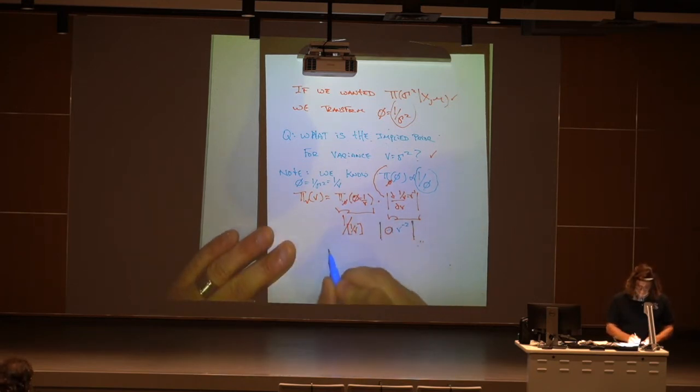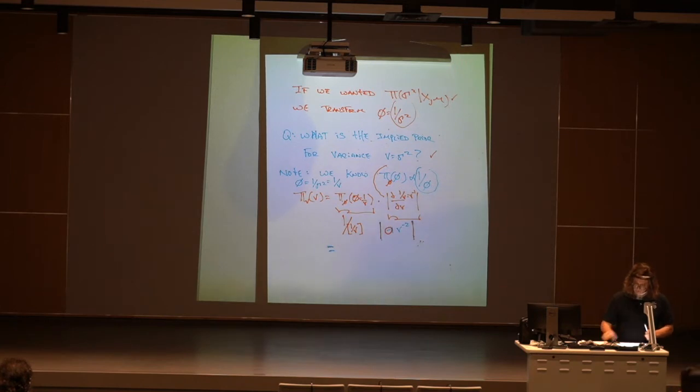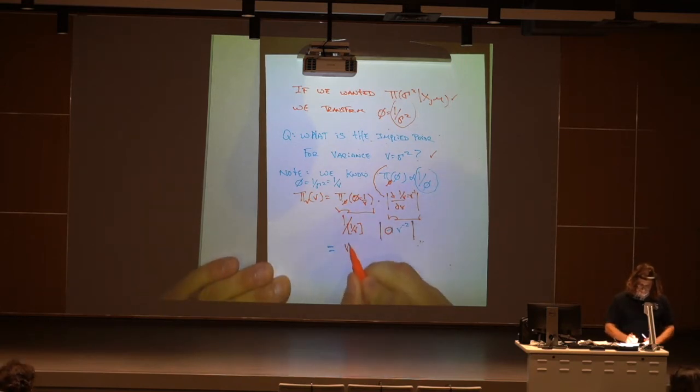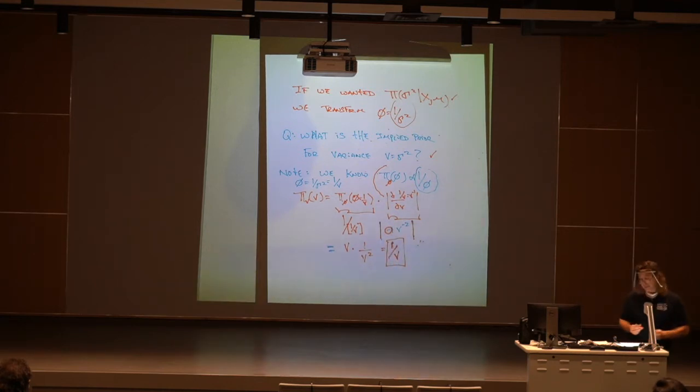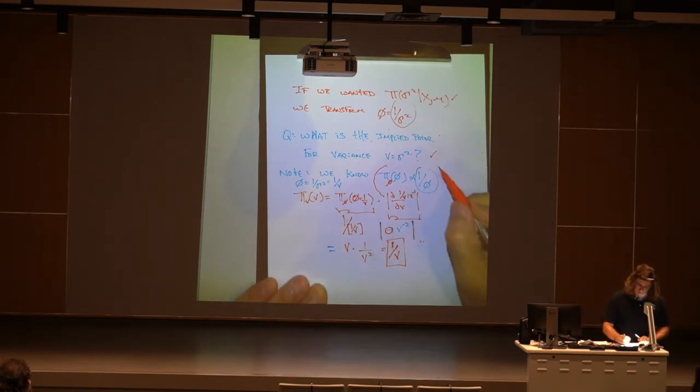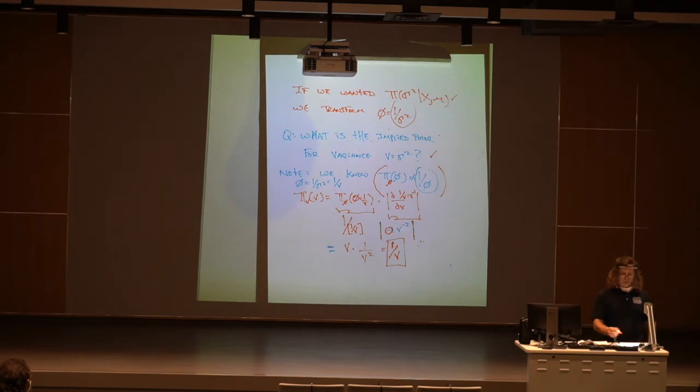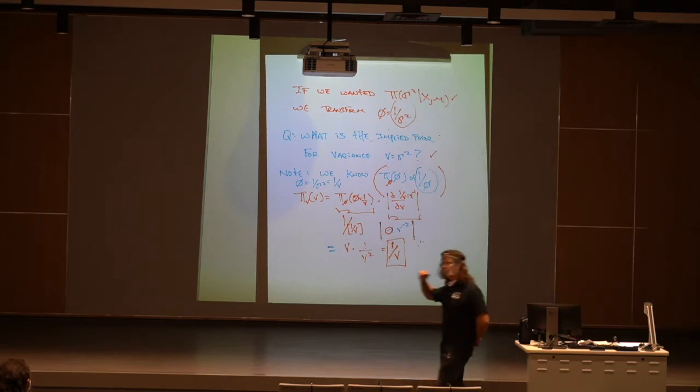We can finish this analysis. Think about what this thing is. This is v right here, times 1 over v squared. This is 1 over v. That's kind of cool. I want you to see that regardless of how I scale this distribution, our prior on phi is 1 over phi. So phi is acting as a scaling parameter.